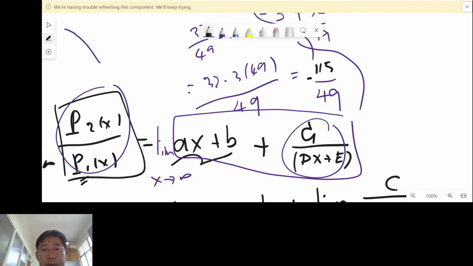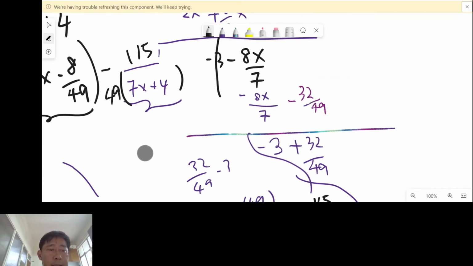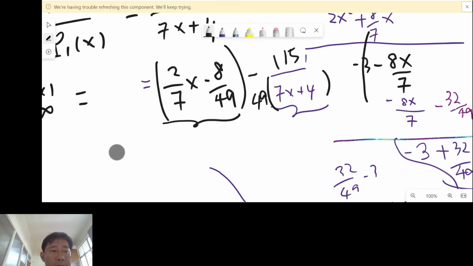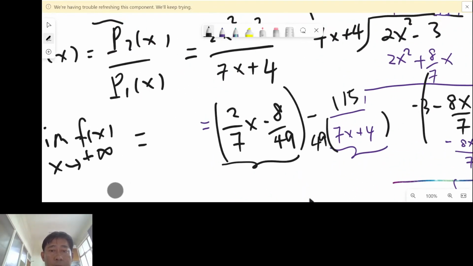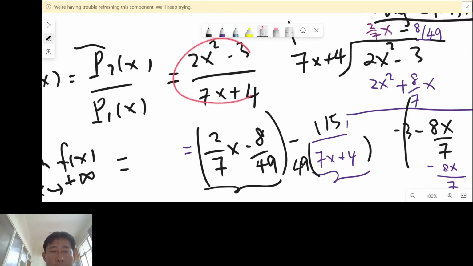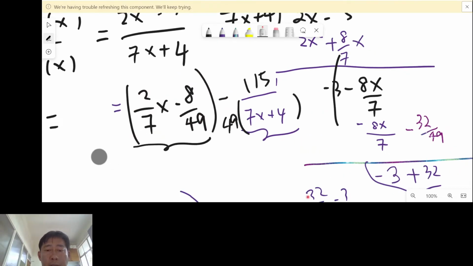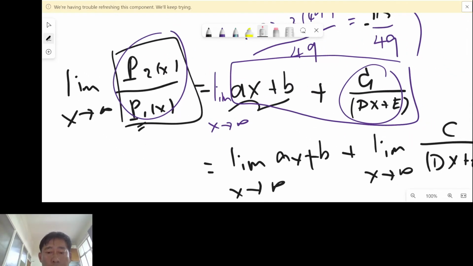So in our previous case, the limit of 2x squared minus 3 divided by 7x plus 4 when x goes to infinity is the limit of this linear function plus the limit of this residual function.